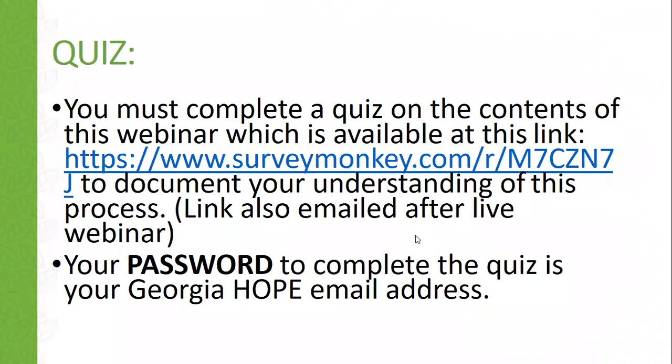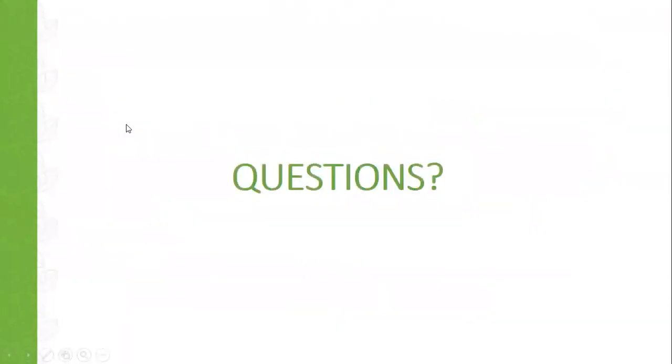gahope.org. So if you as a staff person receive a request from a DFACS worker for records, my suggestion would be that you respond to that person by saying, I forwarded your request to our records department to respond.